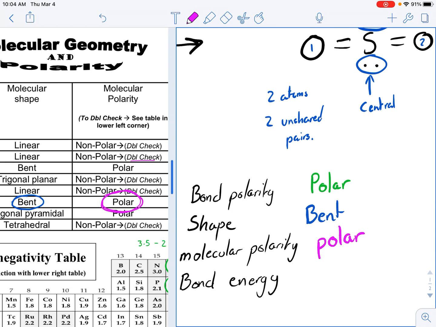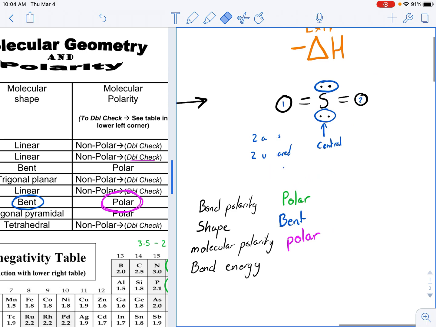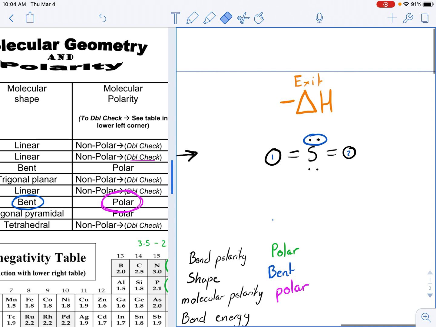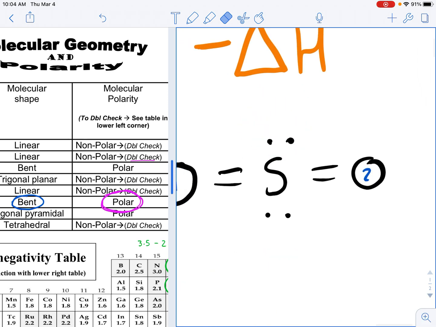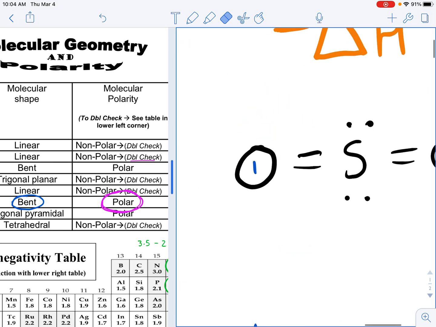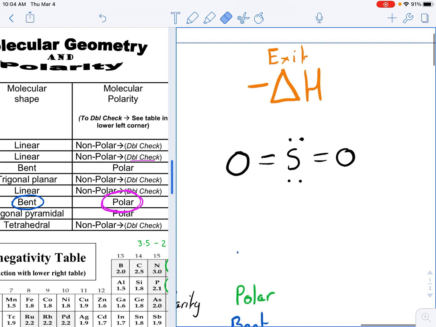All right, last thing we need to do is find the bond energies. So I'm going to clean this up just a little bit, get this stuff out of the way, just so we can see what we're doing. All right, so I need to look and see what bonds are being made here.